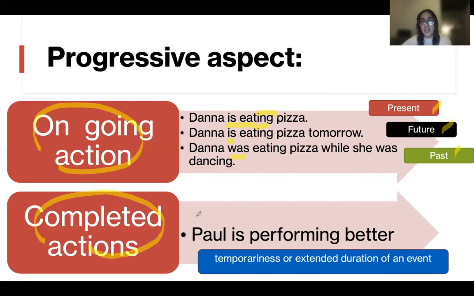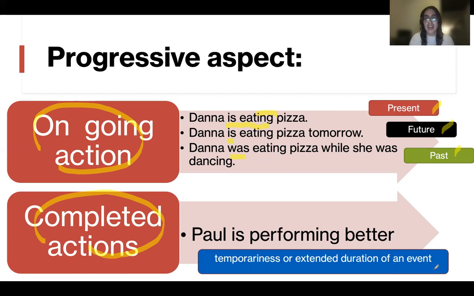And on the other hand, completed actions, in this case, we're talking about temporariness or extended duration of an event. That is, I am not talking about something that is happening in that time. I am talking about that due to experience or quantity of time that a certain person or an object is doing something, it is happening in a better form.